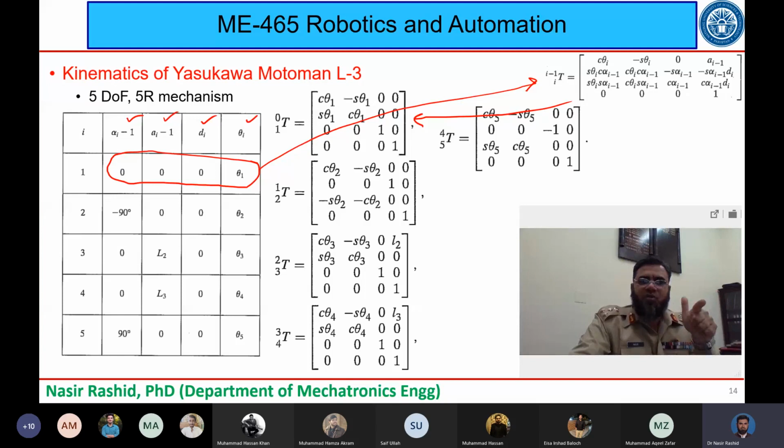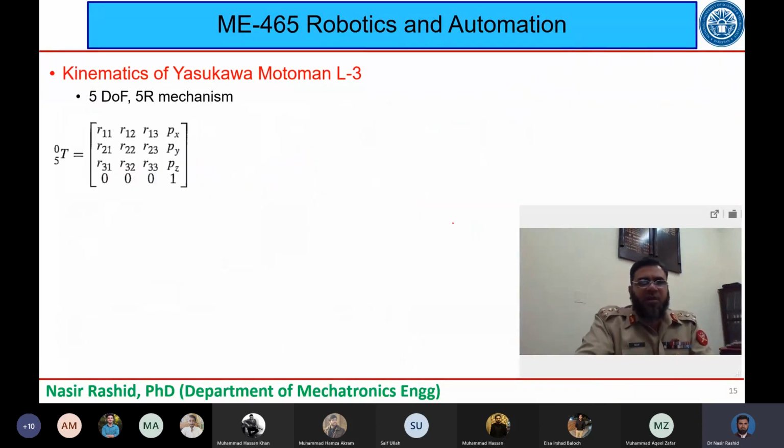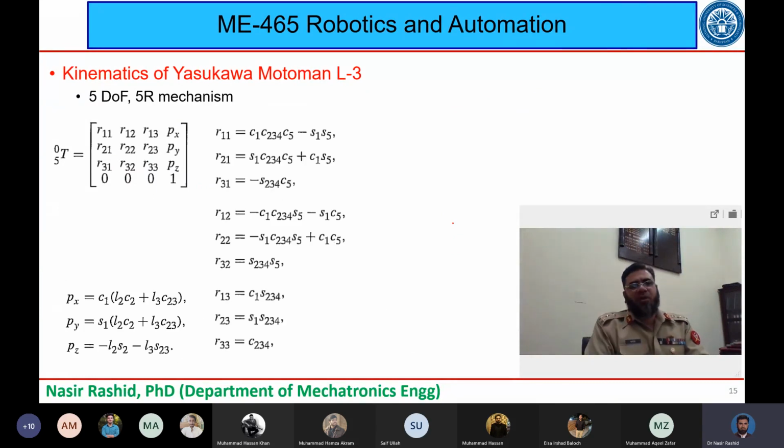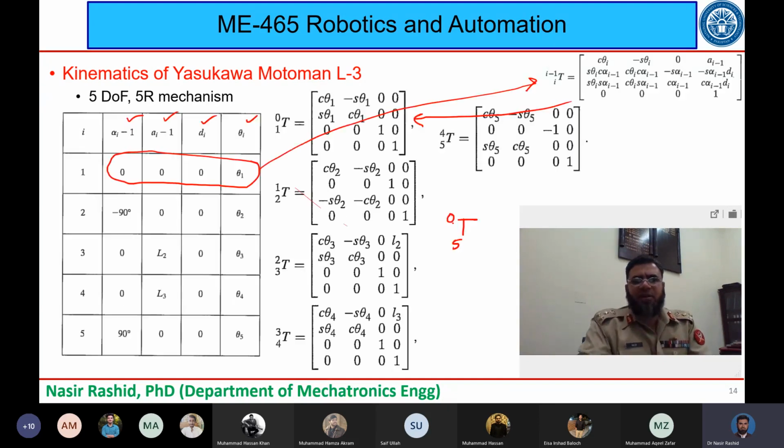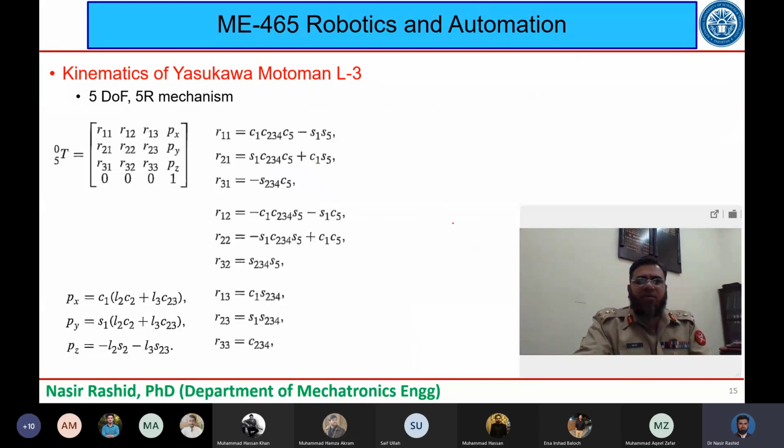So let's see. If now I want to find T520, the transformation matrix which gives me the transformation of frame 5 with respect to the base or 0 frame, this can be given by this matrix, and the values of all these appear here in this form. We achieved all of this by multiplication. Multiplication of what? The 5 matrices we saw above, we have multiplied them together to come to this.